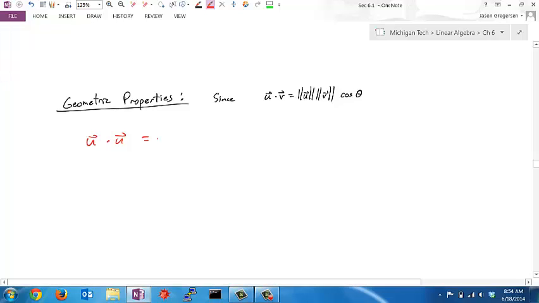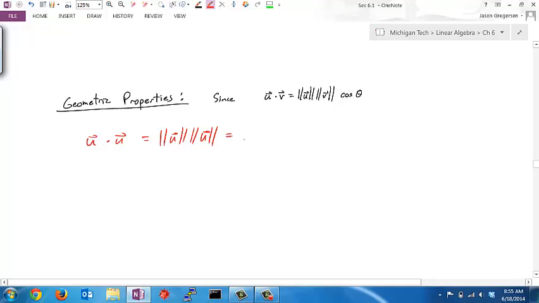Well, if it's u dot u, I would apply my formula here, magnitude of u times the cosine of theta. But what is theta in this case? Zero, right? Theta is 0, so what's the cosine of 0? 1.